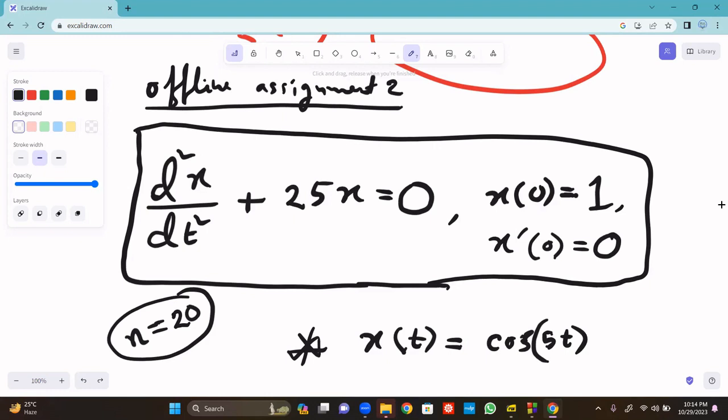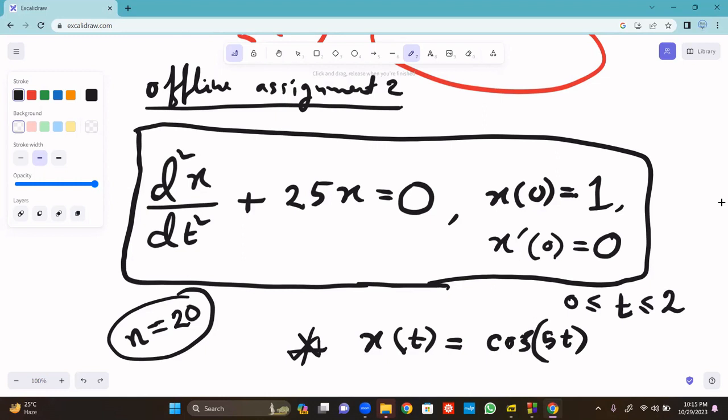You're starting at 0, but let's say the interval is t from 0 to 2. So there are going to be about 21 grid points, and the subinterval length should be 2 minus 0 by 20, which is 0.1.